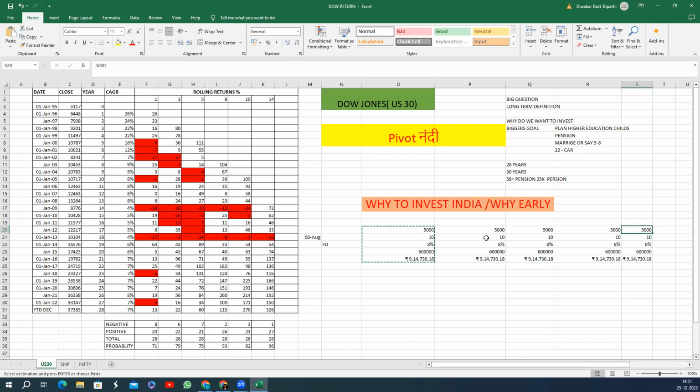Like if somebody is investing 5,000 rupees for 15 years, for 20 years, for 25 years, and for a 30-year period.